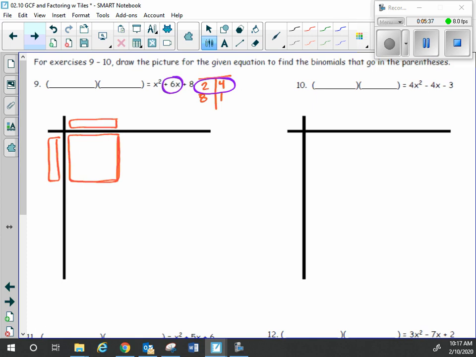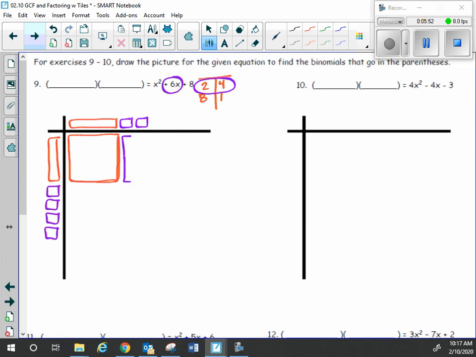Because if I put 2 here and 4 here, before it gives me that 8, what's it going to create here? X's.